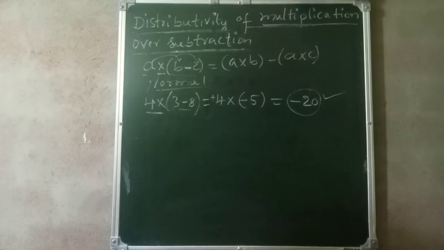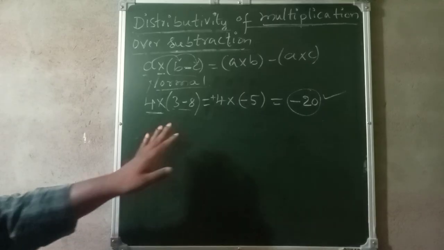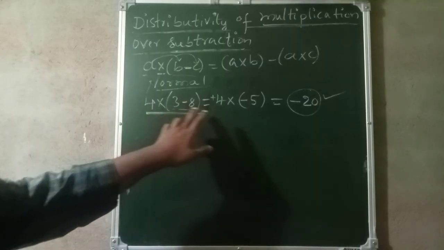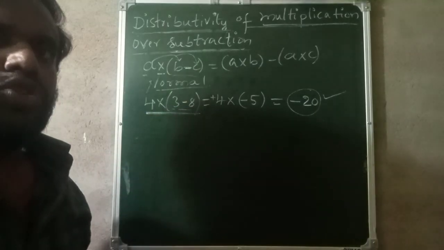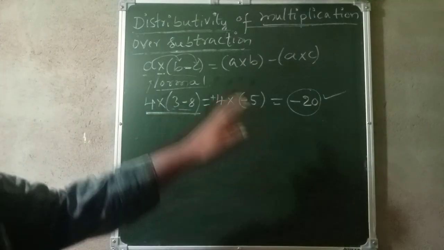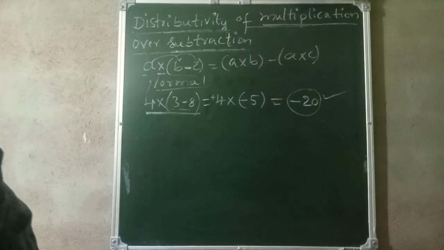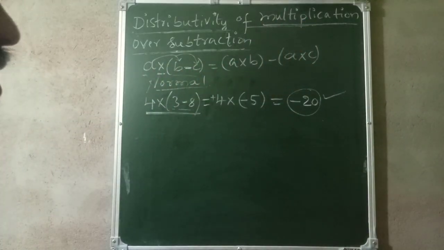Now what we will do? We will simplify this using the property, using this distributivity property over subtraction. Okay, we will check that.